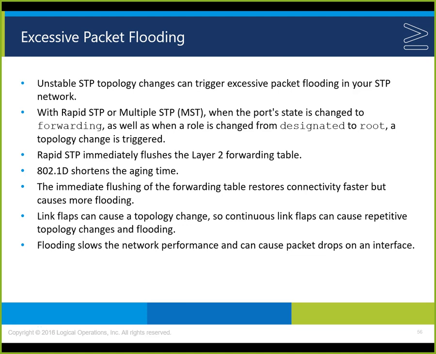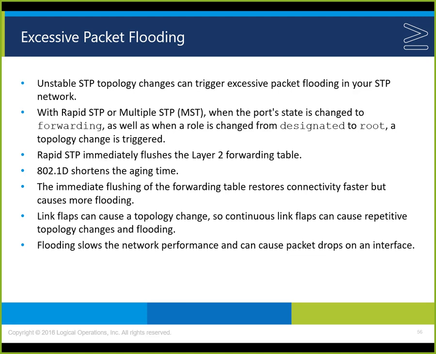When the port state is changed to forwarding or its role is designated, a topology change is initiated. So the topology change is triggered, port state changed, disconnect something, put something on it. The reason we want edge ports is they don't trigger topology changes. And the rapid per VLAN spanning tree flushes the MAC address table when it gets a topology change, shortens the aging time.